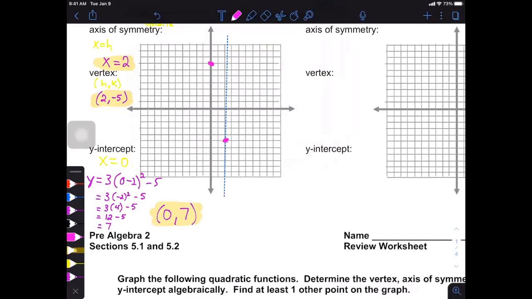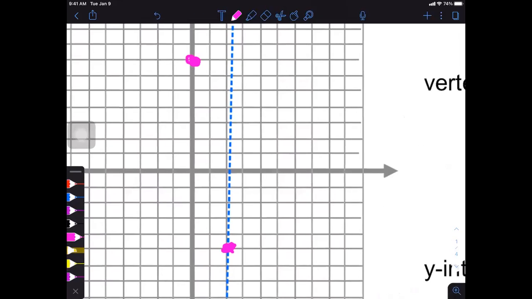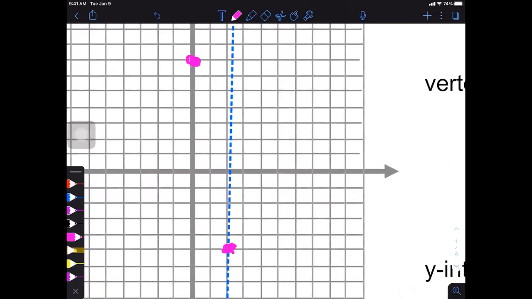Who can tell me what is the mirrored point that we're going to put down? What's the XY coordinates? Anya, do you know? -2, -5. If you're going to mirror, we're going to mirror this point right here.